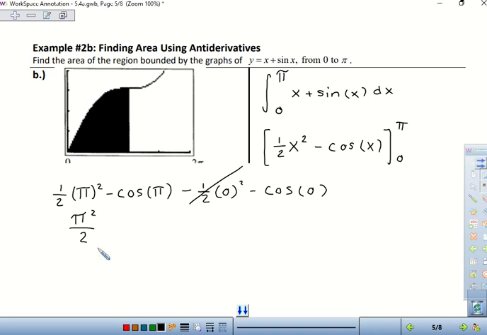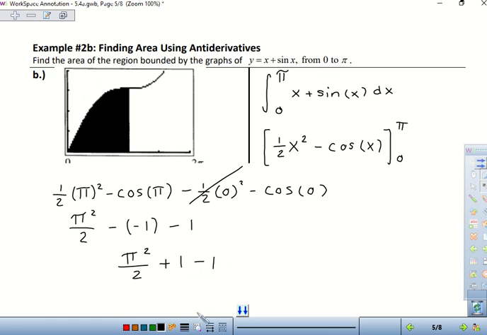Anybody know what cosine of pi is? Cosine of 180? 0, 1, -1. -1. Sorry. We're just going to go through them all. Anybody know what cosine of 0 is? 1. It was either going to be 1, -1, or 0. Just keep guessing until you get it.